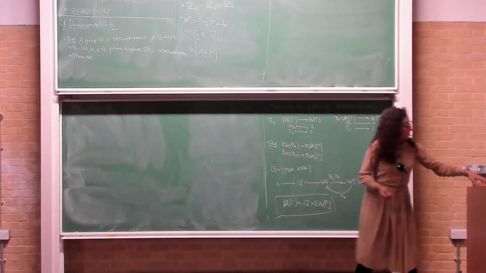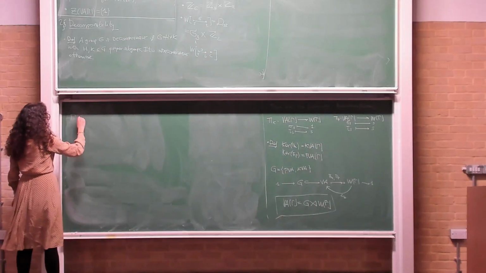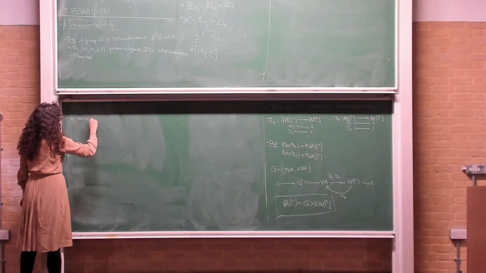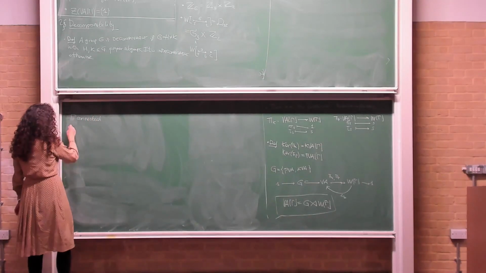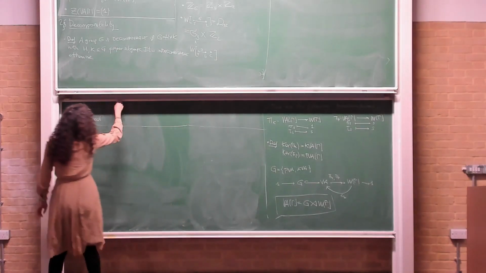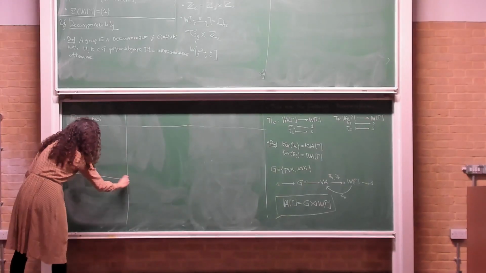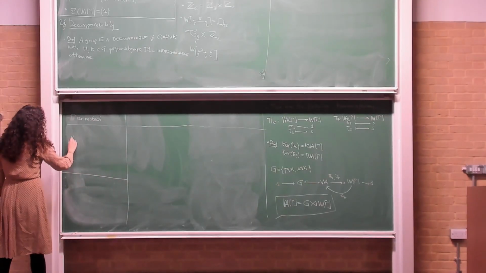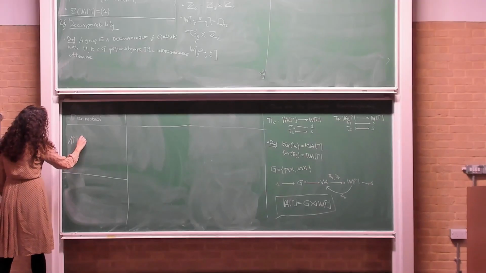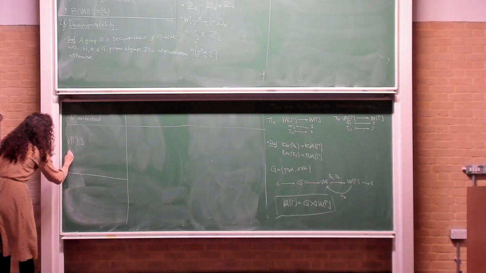Okay. So as I said, we restrict to the case in which gamma is connected. And we distinguish two cases. First, when the set of generators, so the set of vertices of my Coxeter graph, is finite.